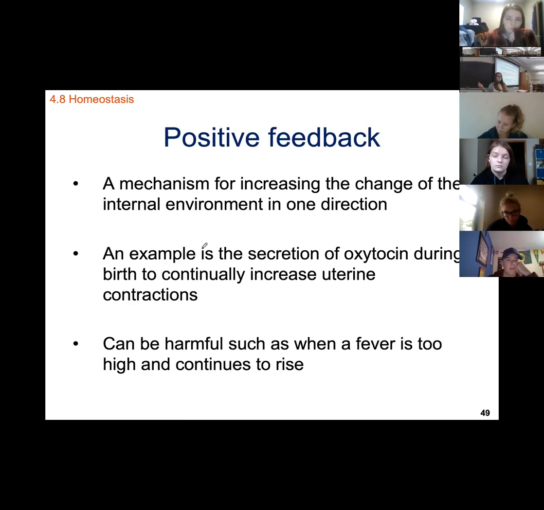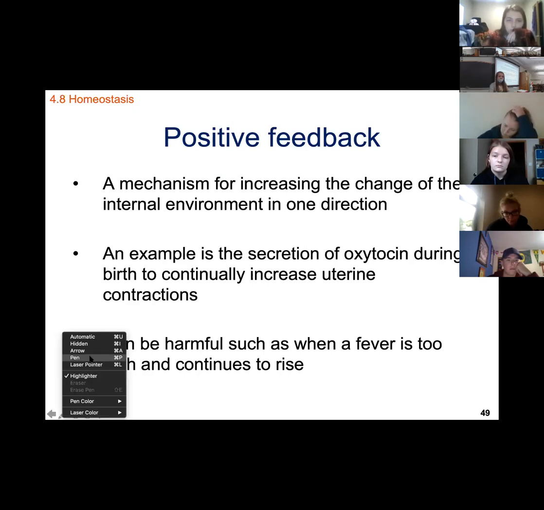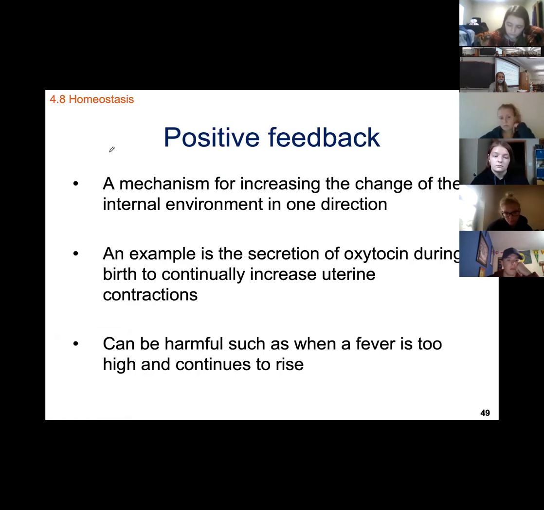I think of it like a line with an arrow. I'm going to draw that because that seems like a good, so I think of it like a line with an arrow. This is positive feedback. Let's see if I can draw it on this here for you guys. There we go. That's what I think of when I think of positive feedback.